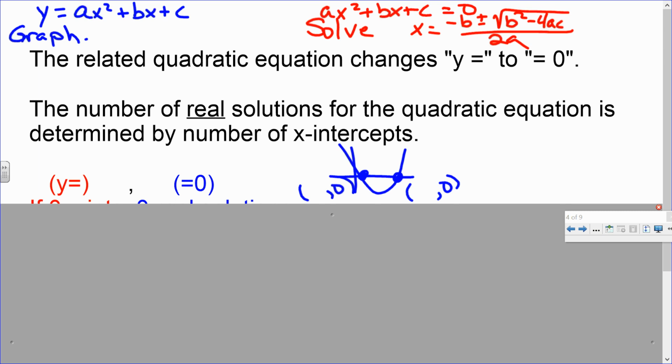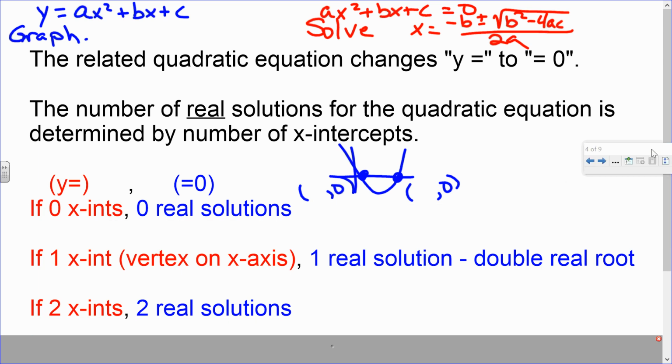If we have a parabola that looks like what I've just drawn here with 2 x-intercepts, we have 2 real solutions. If I have one that has no x-intercepts, so maybe it's something like that, then I have no real solutions, just complex ones.